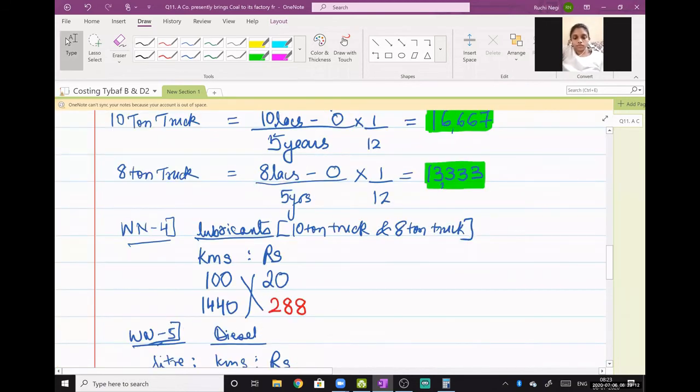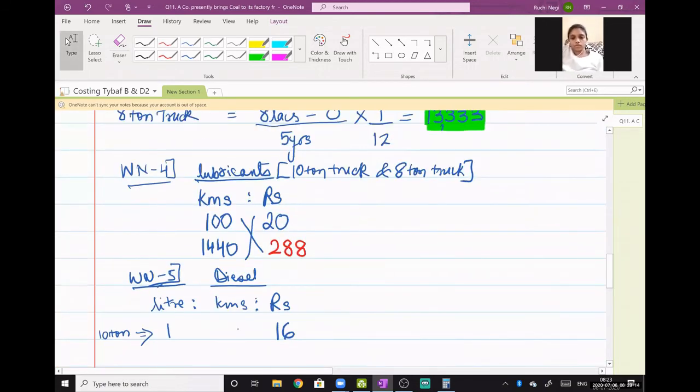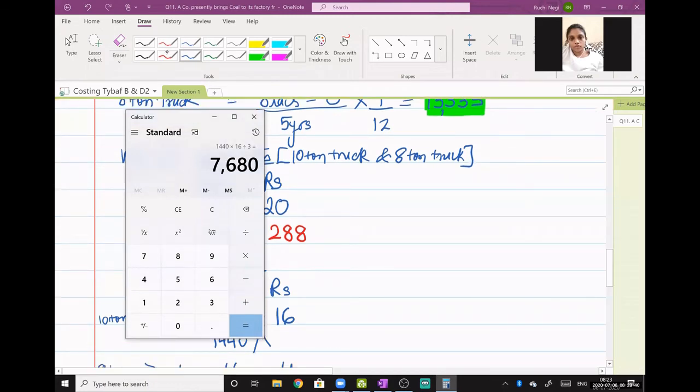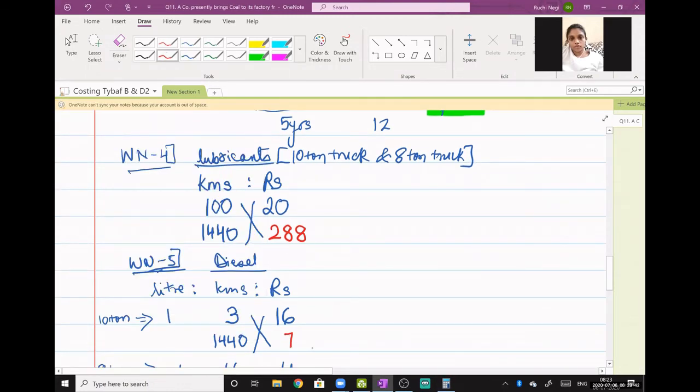So for 1440 kilometers, how much? Cross multiply. 1440 into 16 divided by 3. The answer is 7680.